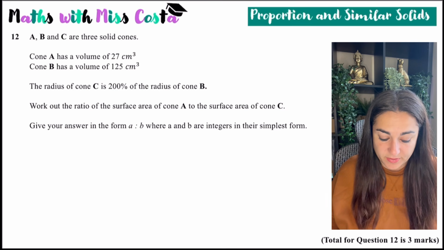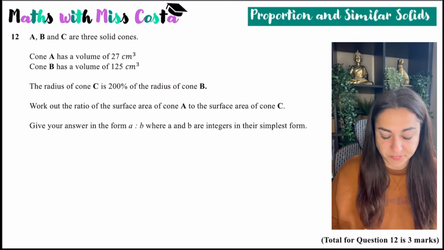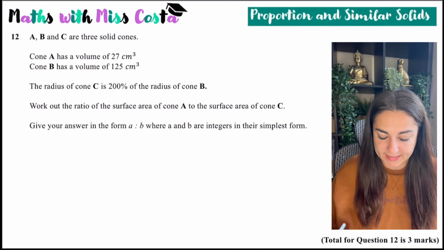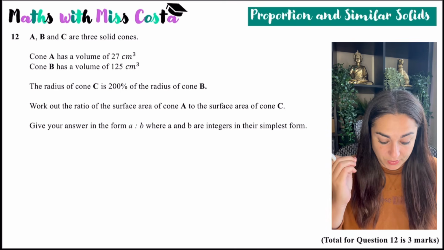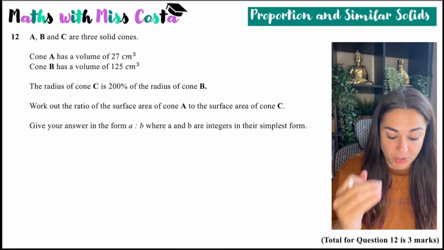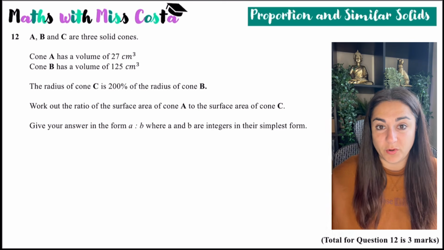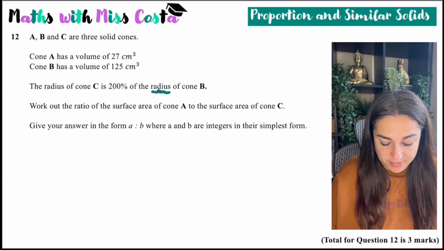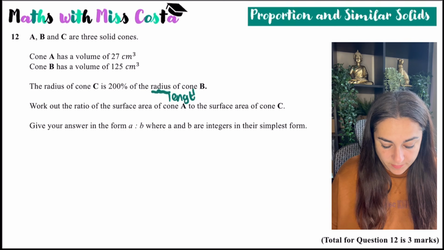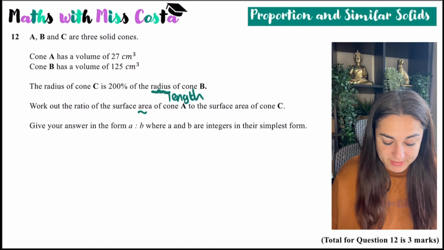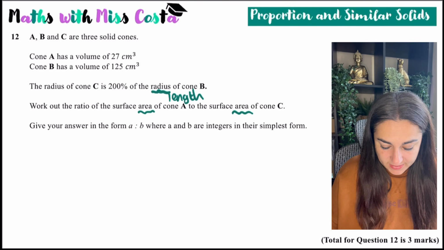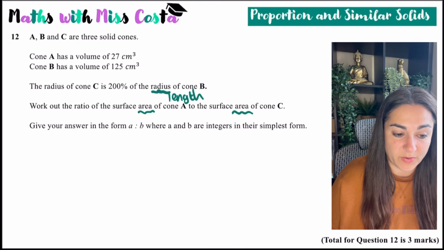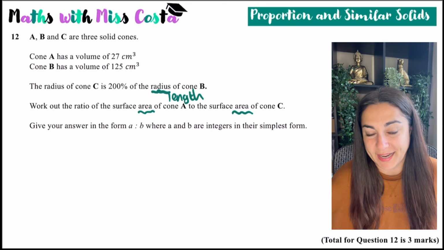I'm then told that the radius of cone C is 200% of the radius of cone B. So you know already, if you're dealing with volume, and we're then going down to length because radius is a length, and the next part of the question is talking about surface area, we're most likely going to be involving the length, area, volume scale factors.